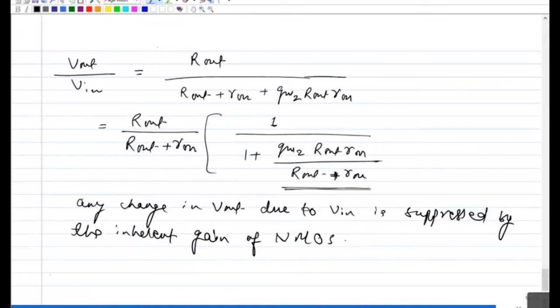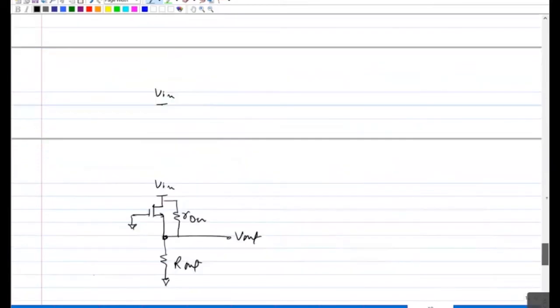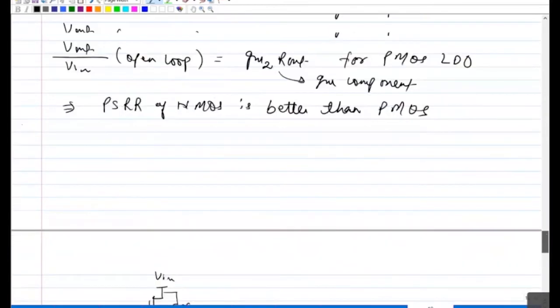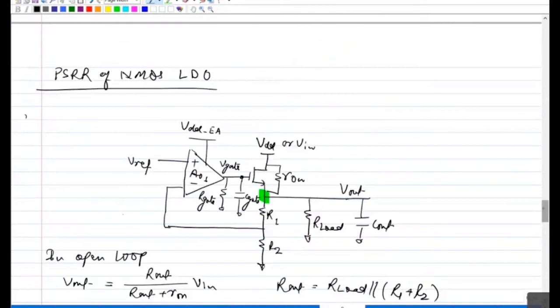Okay. Or you can say local feedback. And that's why you say your source follower looks like a buffer, a unity gain buffer.